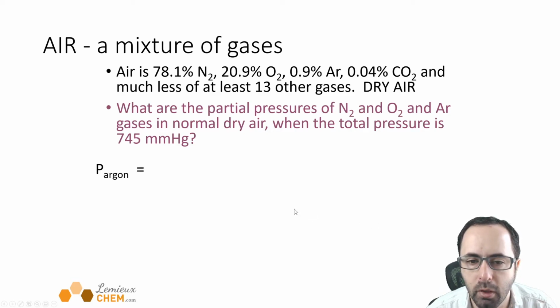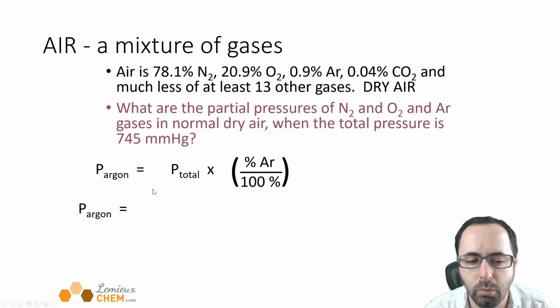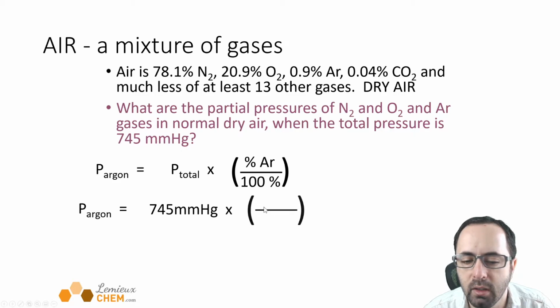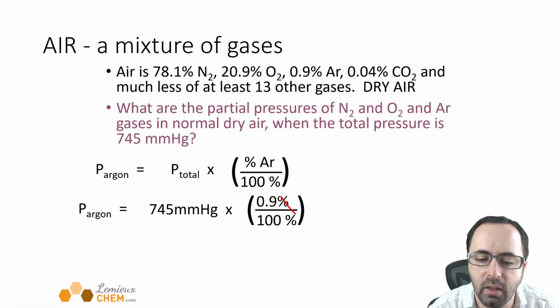So our partial pressure of argon is going to be the total pressure times the percentage of argon over 100%. So we're going to plug everything in again. The total pressure is 745 millimeters mercury, times the percent of argon, 0.9%, divided by 100%. Again, our percentages will cancel.